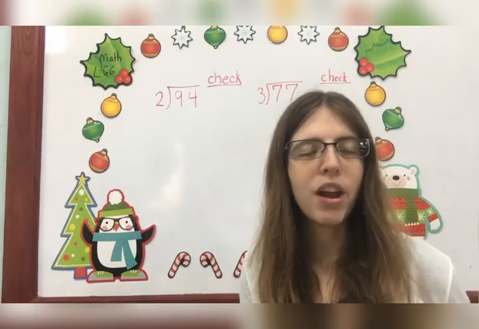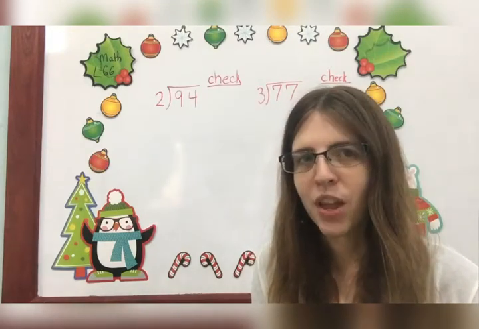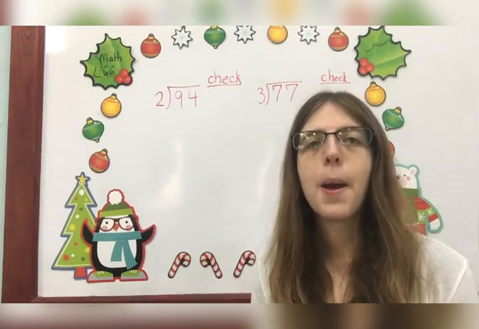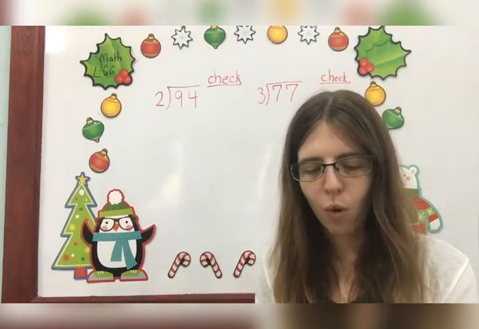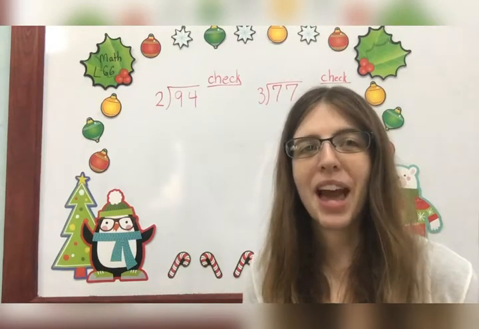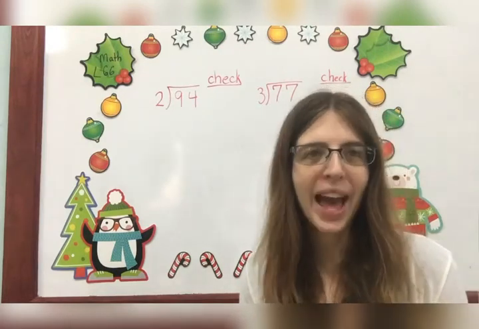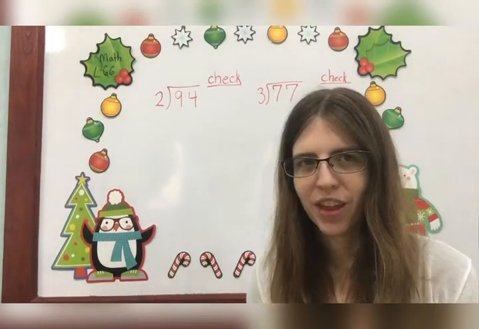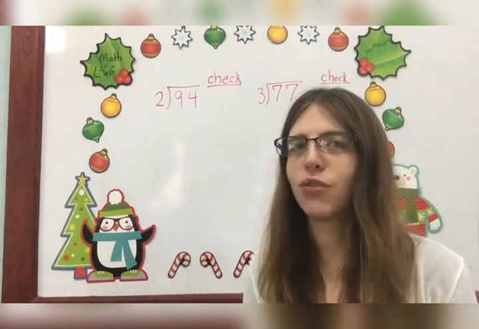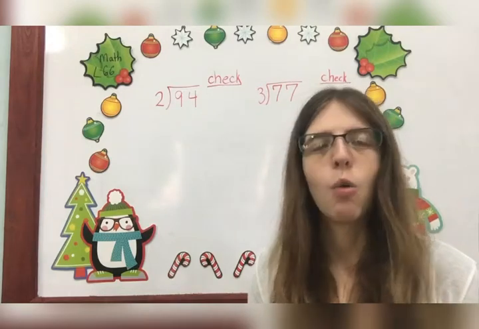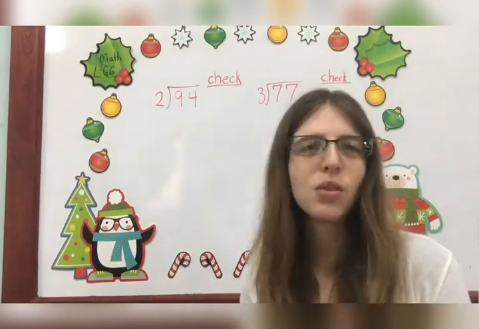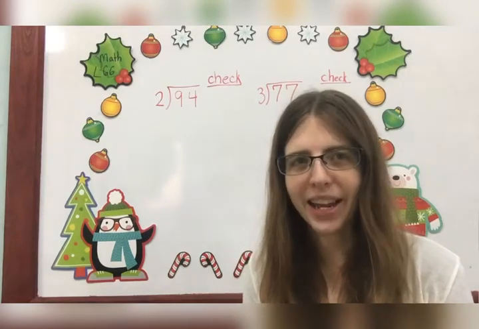How about, what if we have 4 pecks? Well, if we have 4 pecks, that means we have 1 bushel. So we have 8 quarts in 1 peck and 4 pecks in 1 bushel. So 1 bushel equals 4 pecks, 1 peck equals 8 quarts, and 1 quart equals 2 pints.